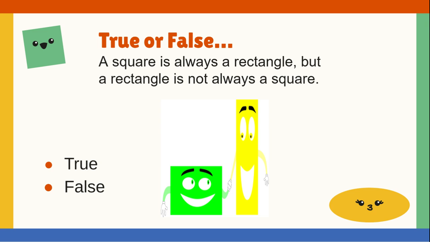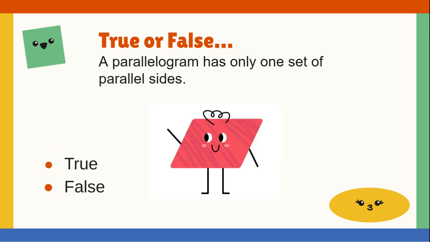Think about that hierarchy that we looked at. Good. This is true, and that's a little bit tricky. Square was at the bottom of that hierarchy, which means it is everything above it, which includes a rectangle. But a rectangle was above a square. It could be a square, but it doesn't have to be. It's not always a square.